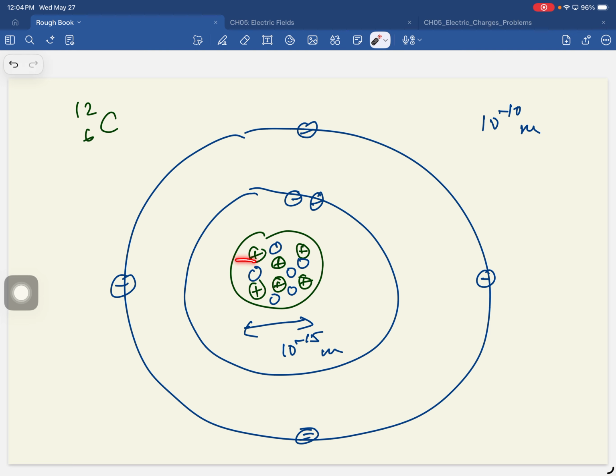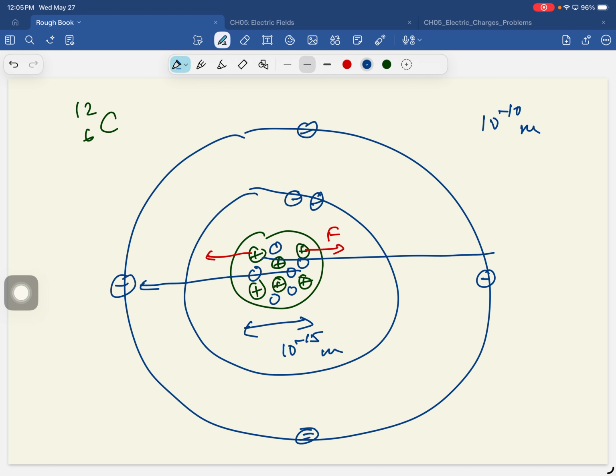Why aren't protons popping out of your body? Strong force. Like our friend says here, there's a repulsive force, and the reason they're not popping out is there must be a stronger force holding them together. And the strong force that's holding them together is 100 times stronger.